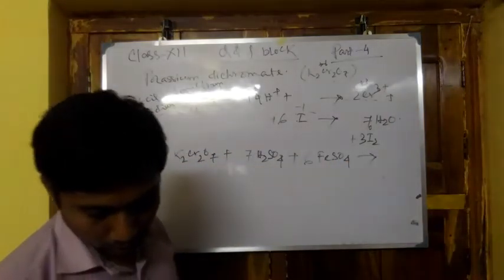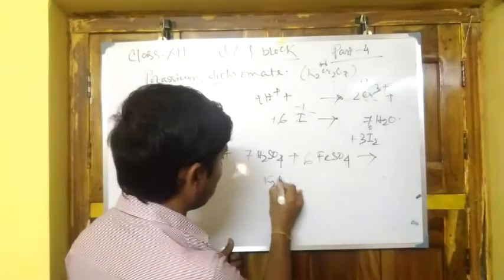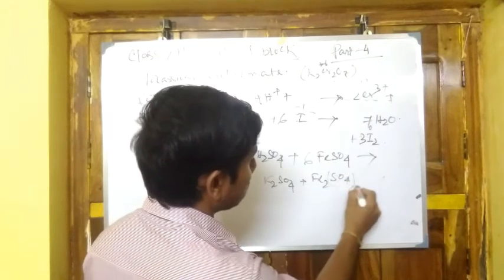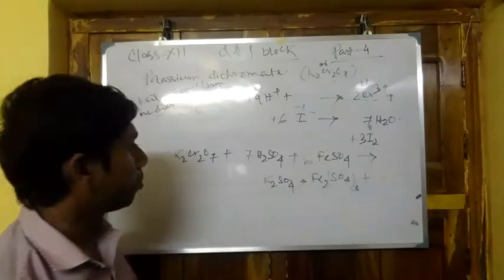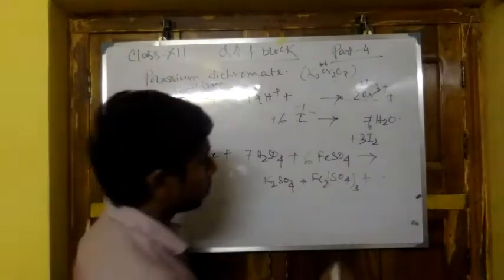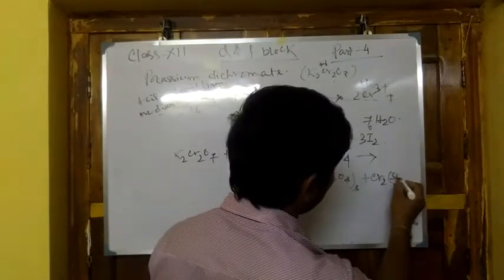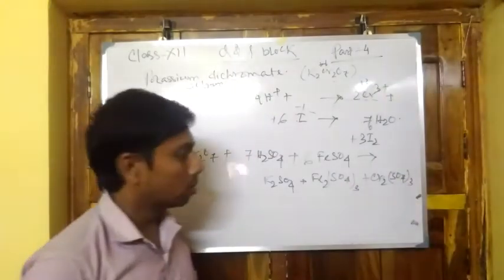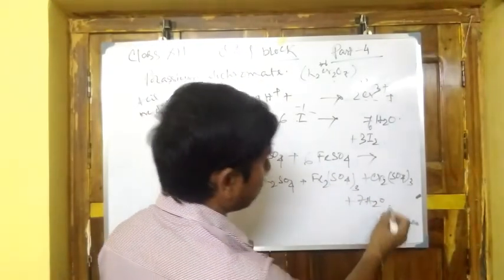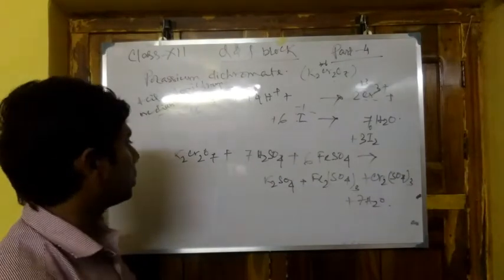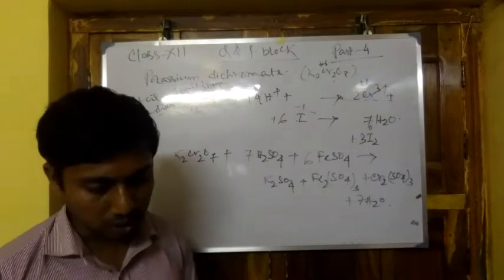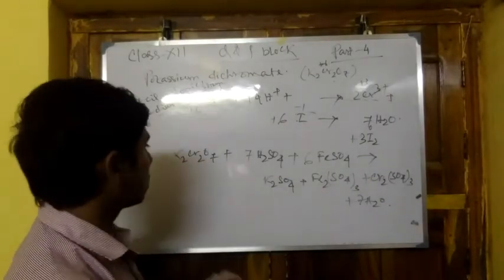On the other side, it will be K2SO4, Fe2(SO4)3, and another one, that is chromium sulfate, Cr2(SO4)3, plus 7 molecules of water. It is the molecular equation of ferrous sulfate to ferric sulfate. So it is also an oxidizing reaction given by dichromate.